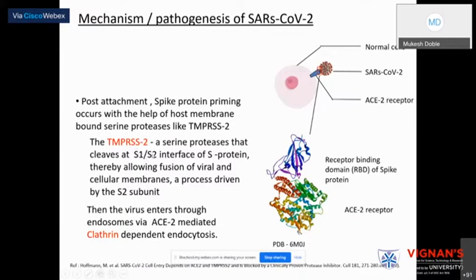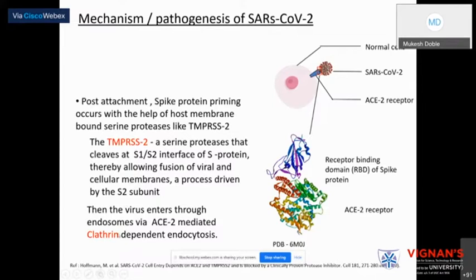Now S2 is connected to the viral RNA which has to enter the host, through something called clathrin dependent endocytosis. So we can again design inhibitors to inhibit this particular protein TMPRSS2 so that it does not cleave the S1 and S2. So that opportunity is also there.